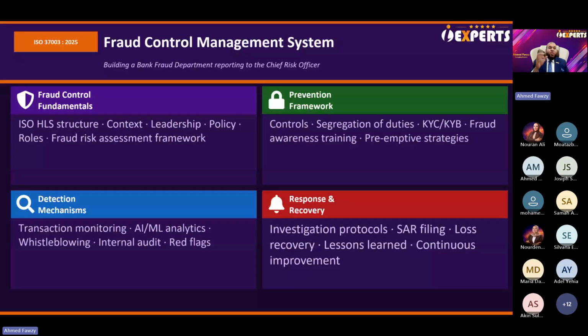In the prevention framework, we have certain agreed controls listed inside this ISO standard that will help us perform these activities in a specific, organized way, to protect what we call the most important asset inside our organization: the information.